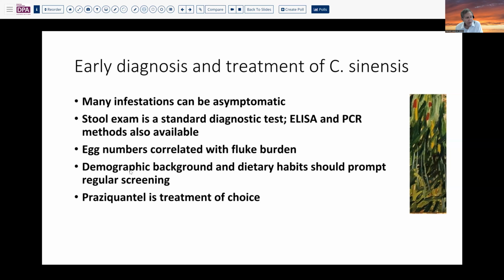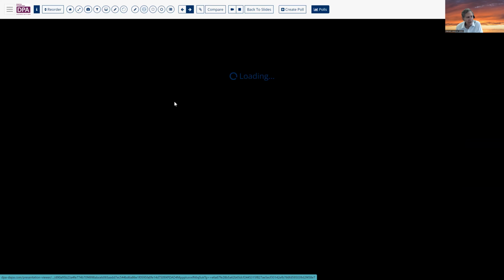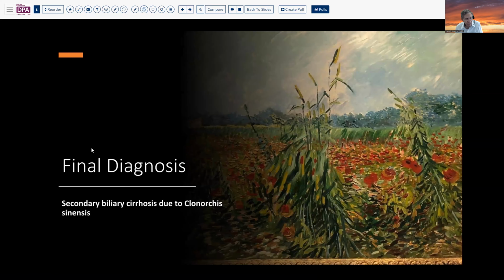But quite frankly, demographic background and dietary habits, consumption of raw or poorly cooked fish, really are the things that either should prompt regular screening or, in many circumstances, just prophylactic intermittent treatment to clear those flukes and their byproducts. So with that, our final diagnosis in this particular case was secondary biliary cirrhosis due to Clonorchis sinensis.